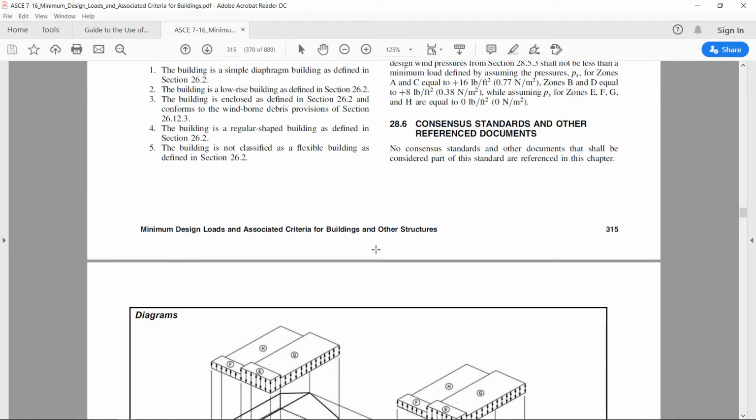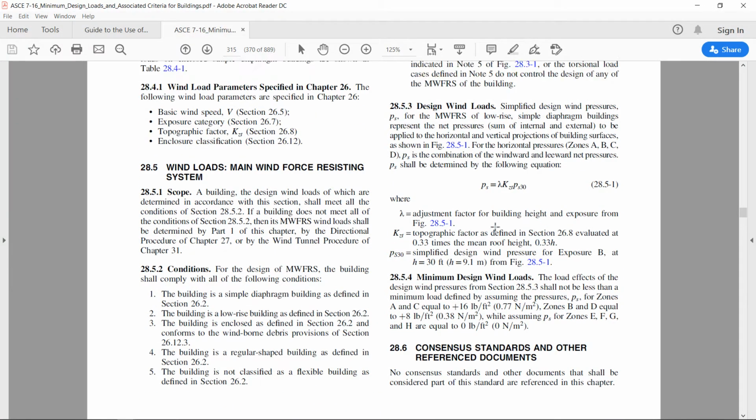And the value of KZT we have already defined. This is 1, and PS30 we calculated from that figure. Now at this point I want to emphasize one thing.